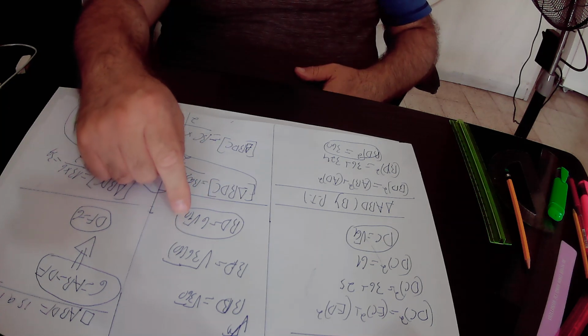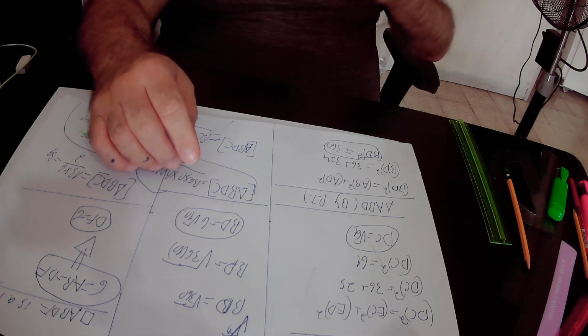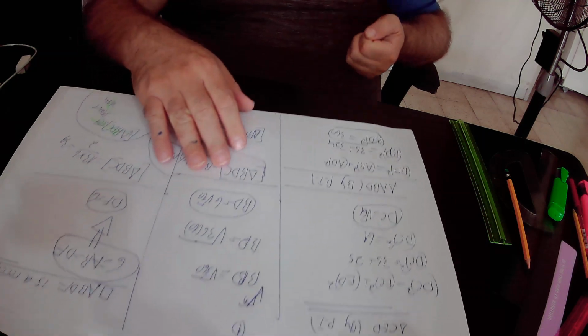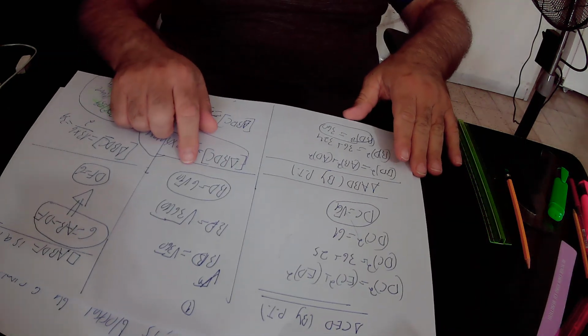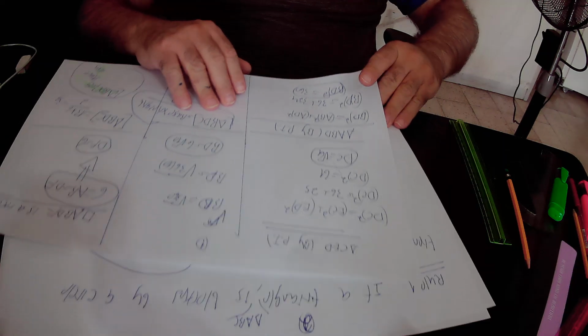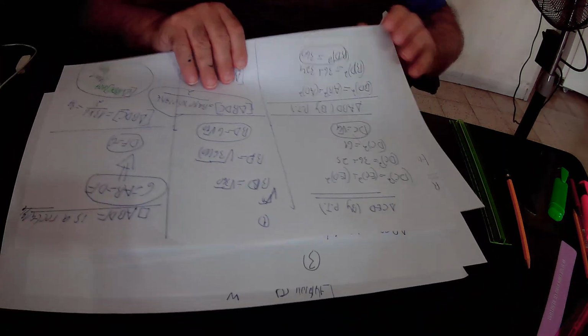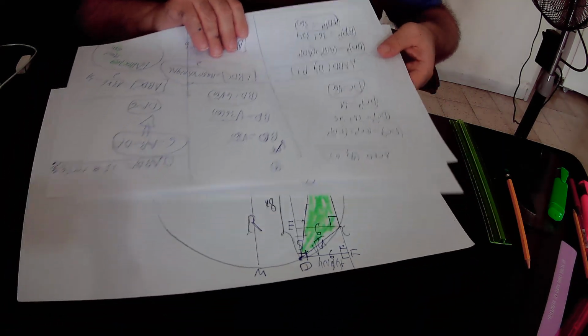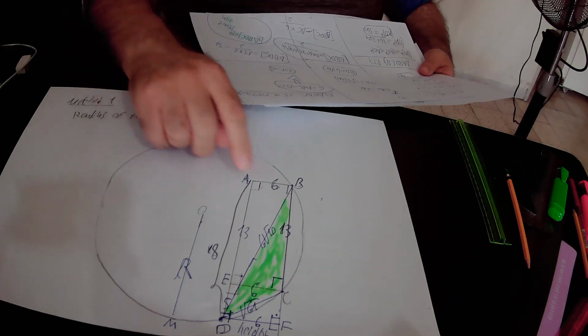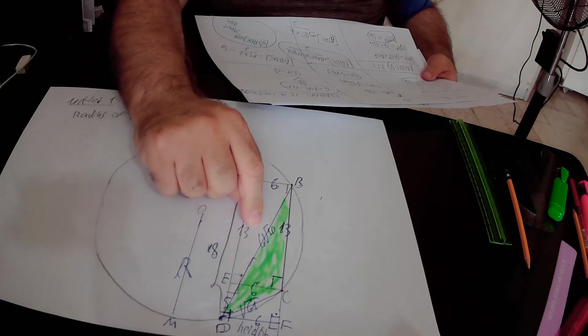Inside the root we left only the square root of 10. Therefore, the hypotenuse BD in the right triangle ABD equals 6 times square root of 10 units.